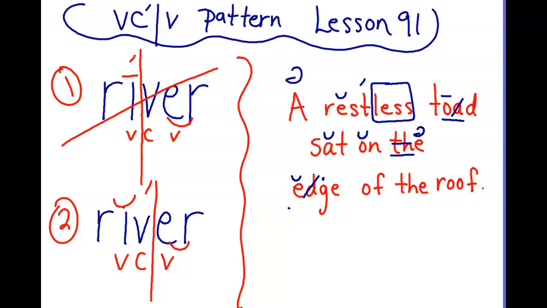Cross out the E, and we have DGE, trigraph. Of, sight word, the, we do again, roof. And we have a digraph we underline.